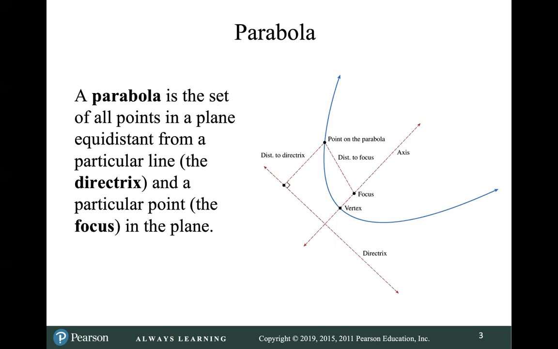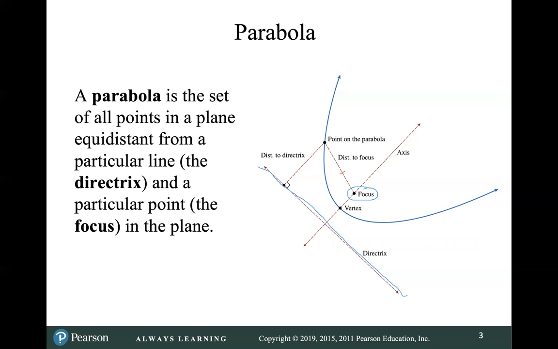Okay, so from a geometric point of view, what is a parabola? A parabola is all of the points that have the same distance from a given point and a given line. The point is called the focus, and the line is called the directrix, and all of the points on the parabola are the same distance from those two objects.